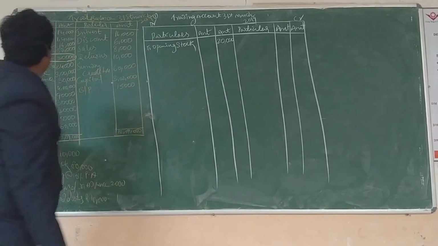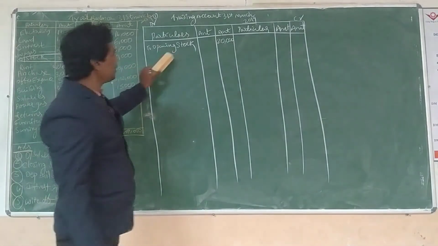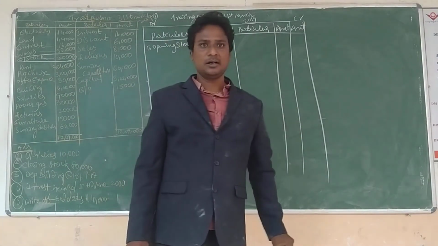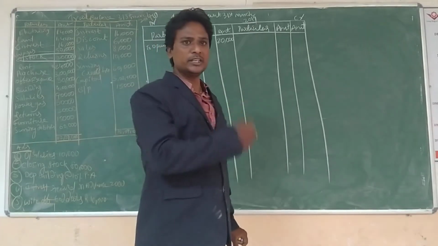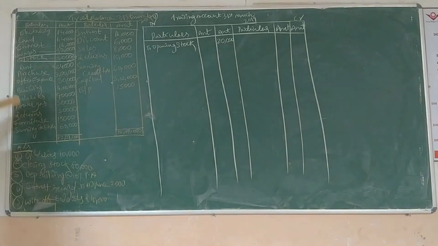Next, the electricity bill. This is an indirect expense. Land is an asset. Interest is also an indirect expense. Wages we need. First we take opening stock, purchases and sales, then check for sales returns or purchase returns according to this problem.